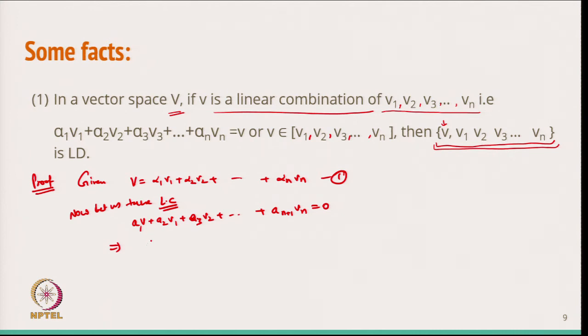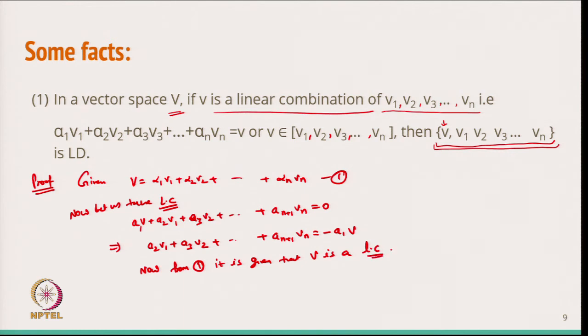Now, from here I can write this as A2 V1 plus A3 V2 up to An plus 1 Vn equals minus A1 V. Now, from equation 1 it is given that V is a linear combination of V1, V2 up to Vn.